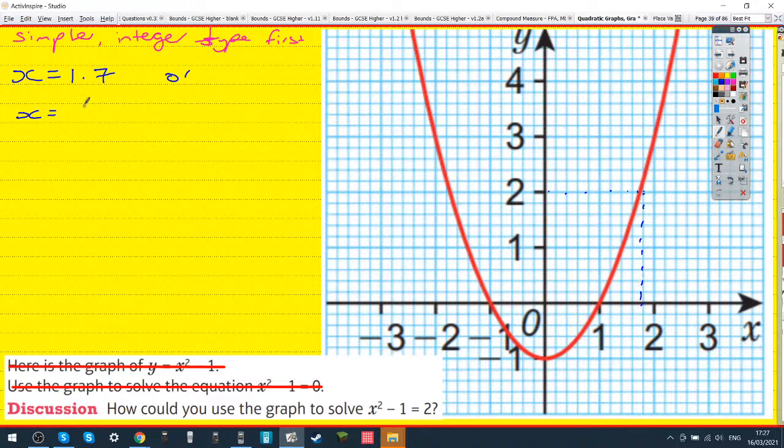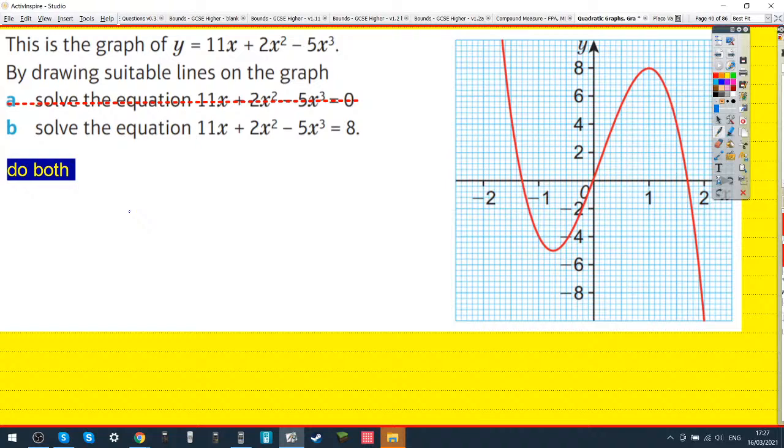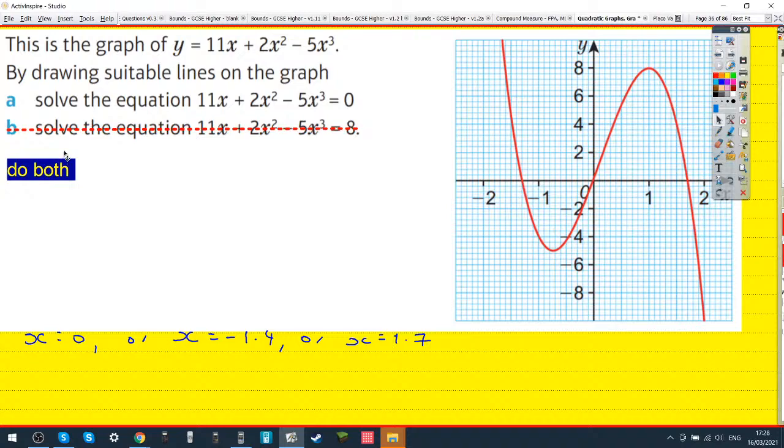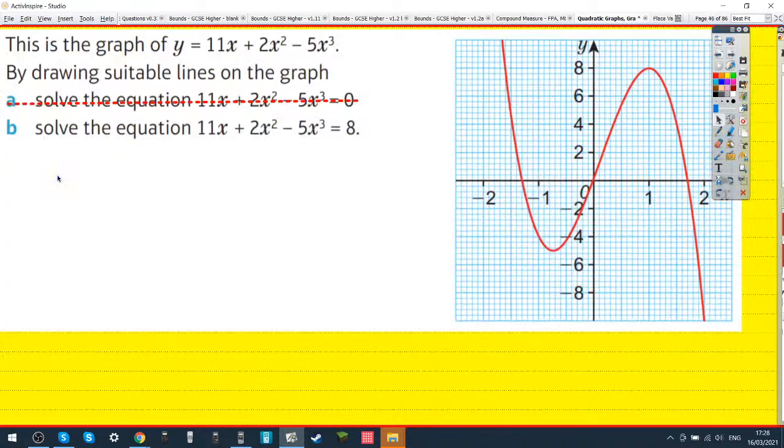Minus 1.7? Minus 1.7, yeah, it might be 1.8 or minus 1.8. Okay, how about this? Okay. So equal to 8. Yeah. I'm just going to fix that. Yep.